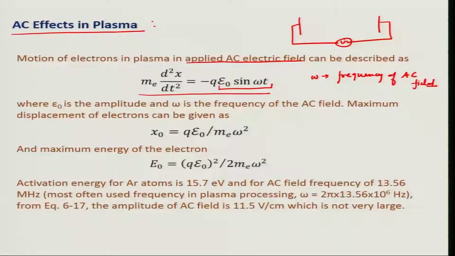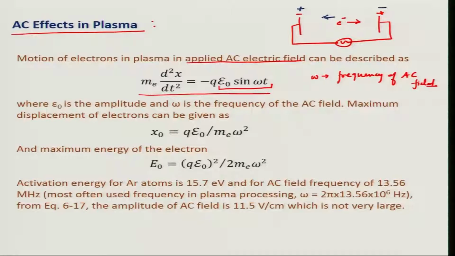And I have one electron right here. When the polarity of the electric field is such that the electrode on the right hand side is positively charged, the electron will accelerate towards it. Now, in the other half cycle, when there is a change in polarity, this electron will accelerate towards the other electrode.